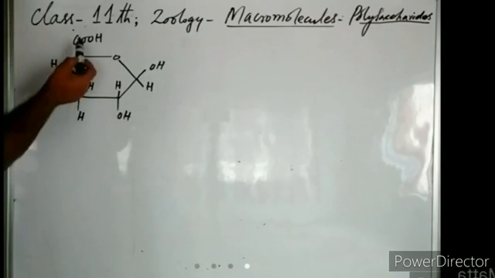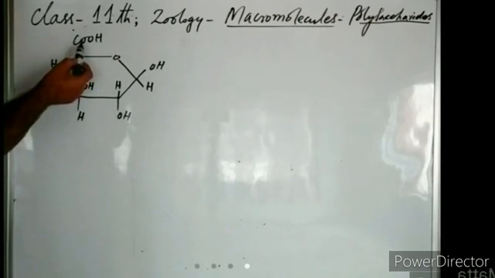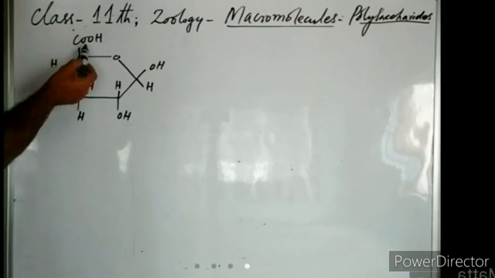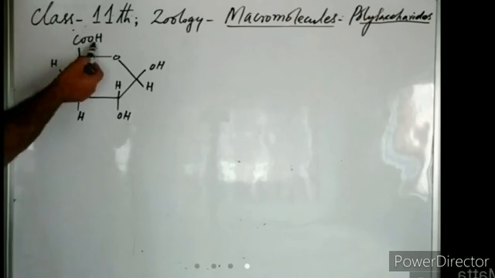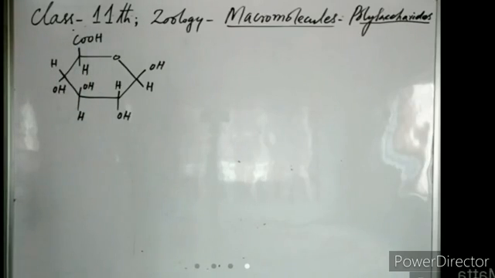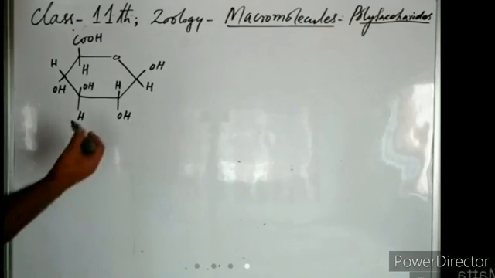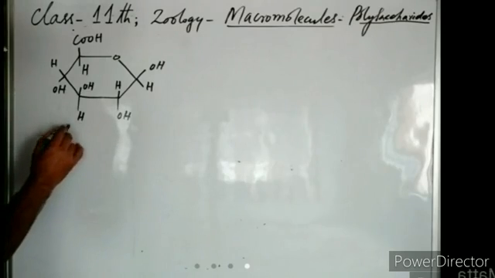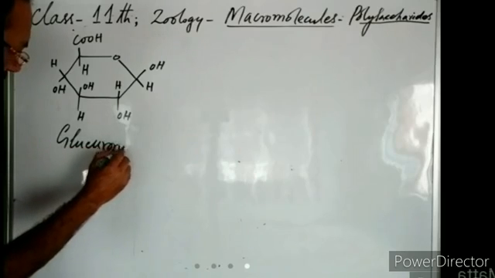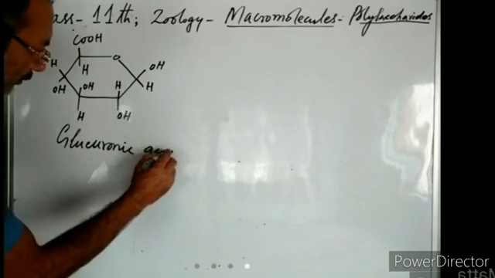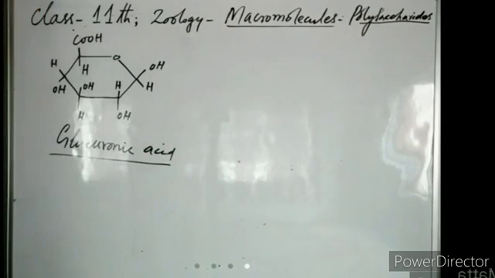In glucose, on carbon 6, we had a CH2OH group. But in this modified sugar, the CH2OH group is replaced by a COOH group, a carboxyl group, right? So this is glucuronic acid. It is glucose which is modified, having a COOH group.